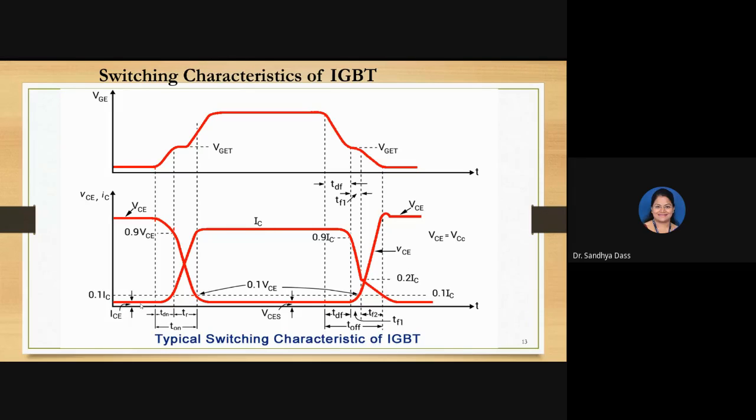And ideally when the device is turned on, the current flowing through it will be maximum and the voltage across it will be zero or minimum. Based on that, you should be able to interpret the switching characteristics. I hope it is clear. If you have doubts, please get back to me.